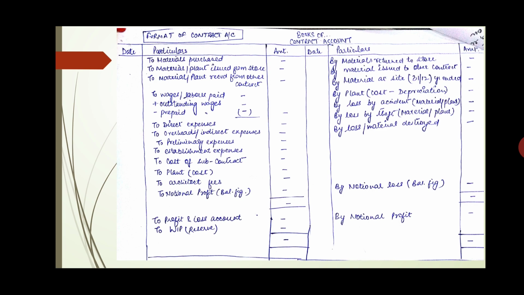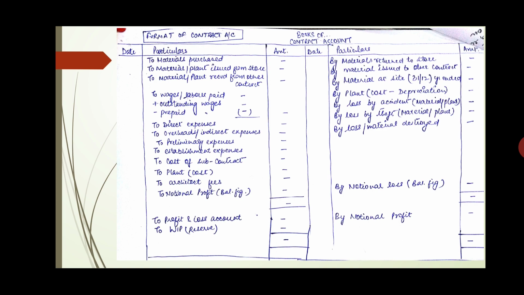Now, that debit side notional profit will be carried forward to the credit side of the contract account, and this notional profit has to be distributed in two parts: profit and loss account and WIP reserve. For example, notional profit comes to 50,000, so 50,000 has to be distributed in the P&L account and WIP reserve.